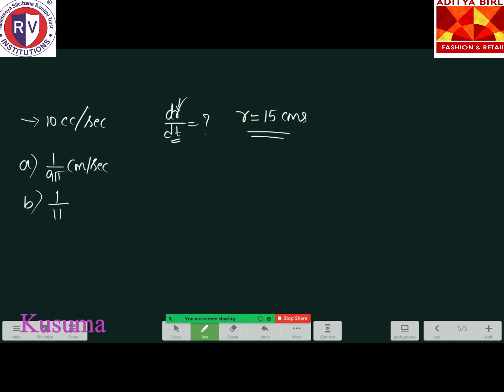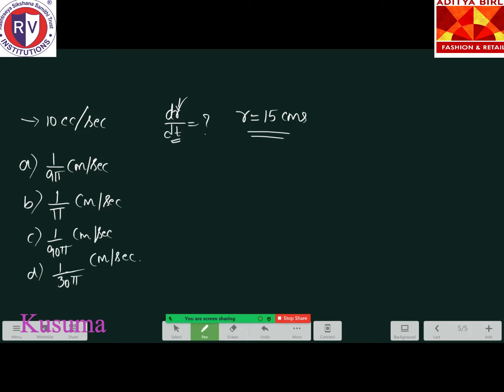So options given are 1 by 95 centimeters per second, 1 by pi centimeter per second. Option C is 1 by 90 pi centimeter per second. Option D is 1 by 30 pi centimeter per second. So these are the options given.